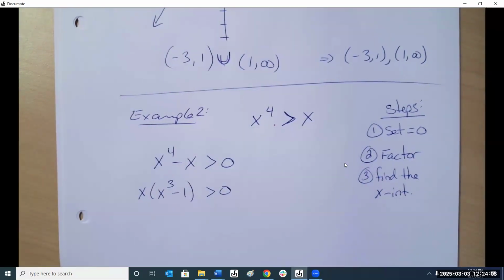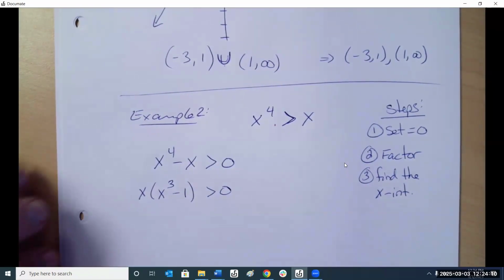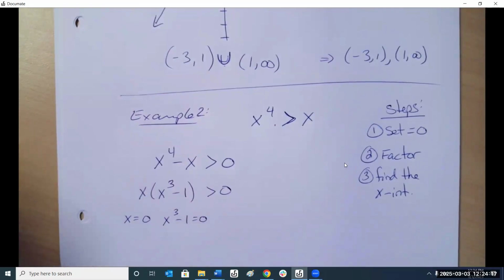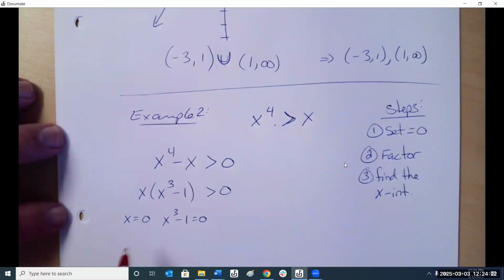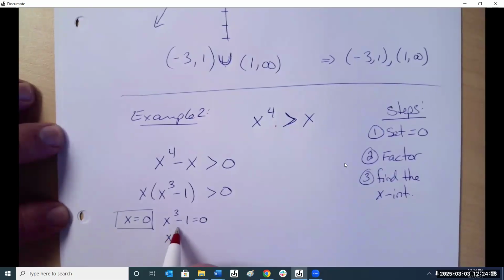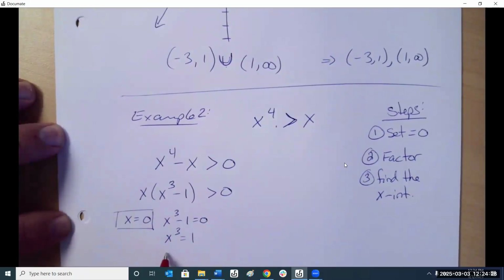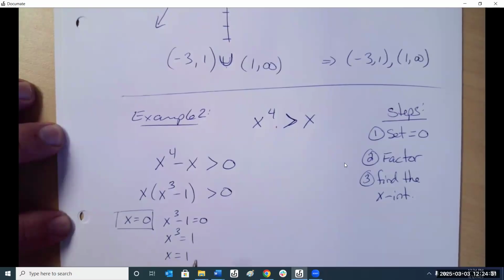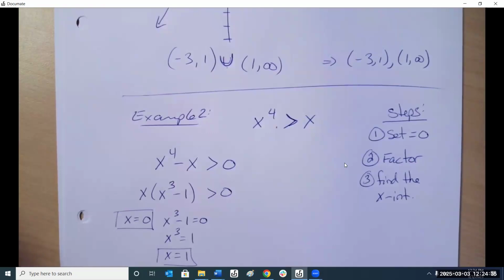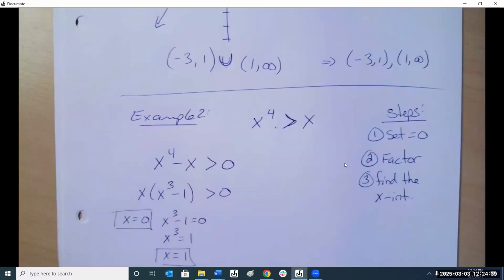Find the x-intercepts. How do we do that? Set these two equal to 0. So we have x equals 0 is one of them. Then x equals 1. So far, so good.